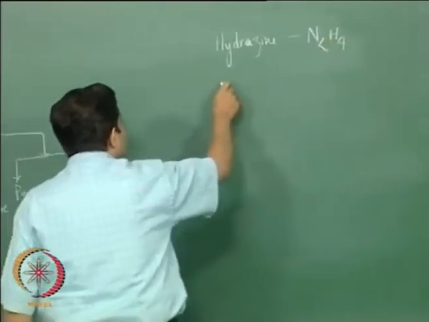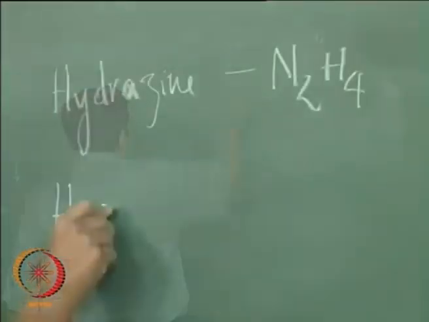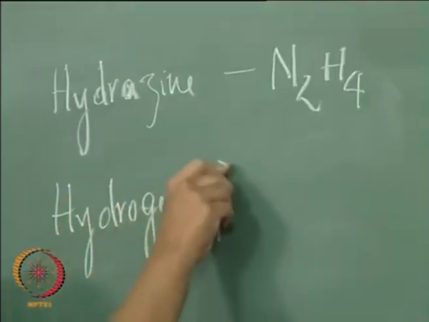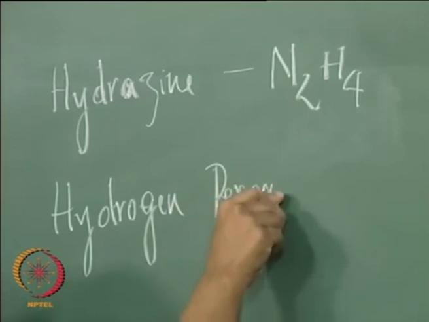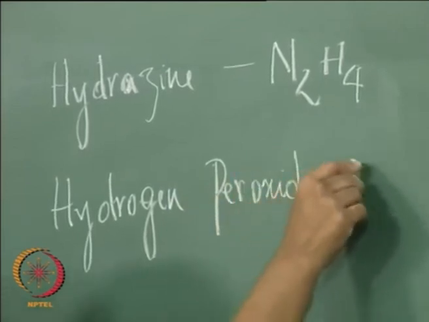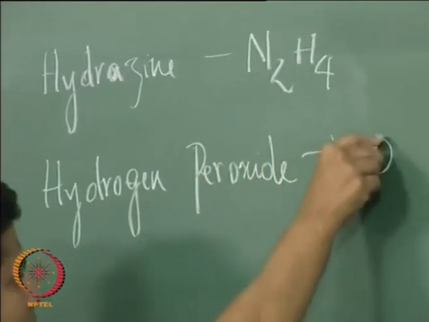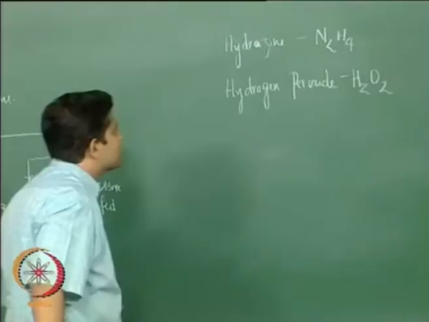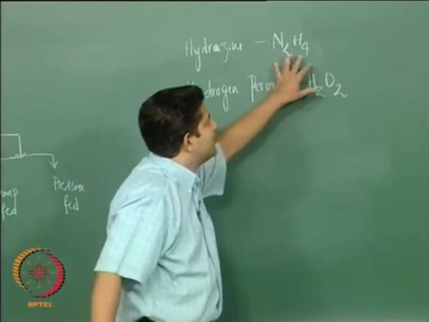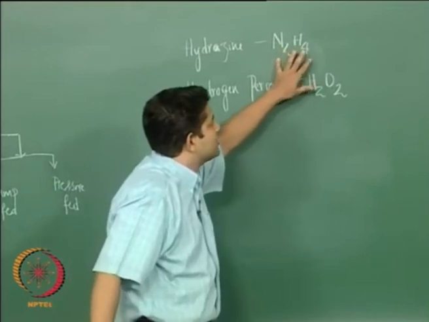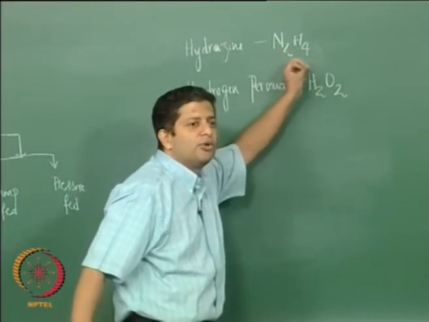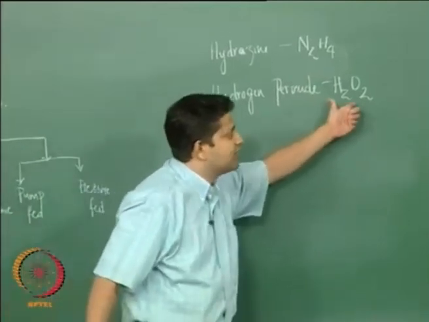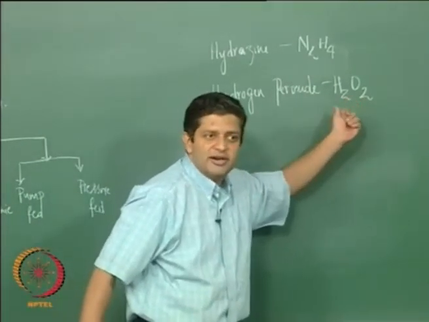The other is hydrogen peroxide, or H2O2. Both of these are unstable compounds, and if you see here, this hydrazine breaks up into ammonia and hydrogen and nitrogen, and this breaks up into water, oxygen and hydrogen.